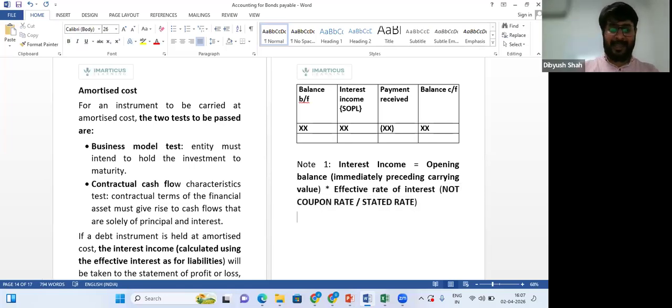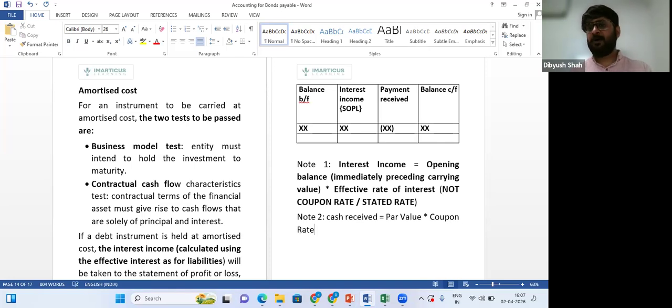For calculating cash received, note 2, I can write it actually. Cash received will be the face value or par value, multiplied with the coupon rate or stated rate.